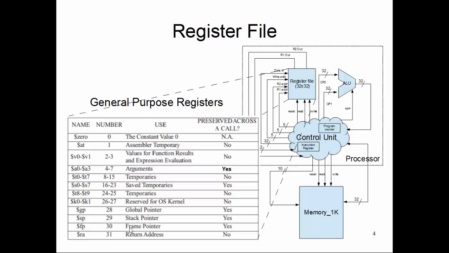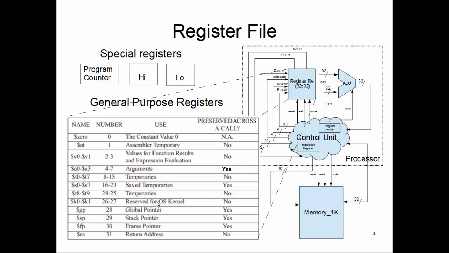Now last but not the least, there are 3 more registers we need to talk about, which are special purpose registers. One is the program counter, and we won't be talking about the instruction register because we cannot access it directly. It is just that after instruction fetch from the memory, the instruction register gets updated.